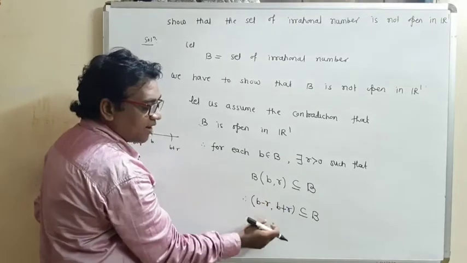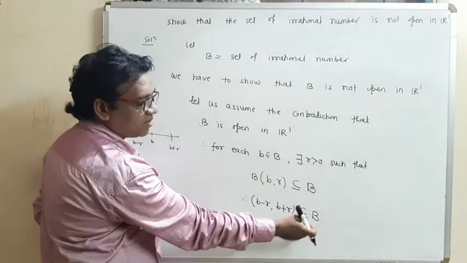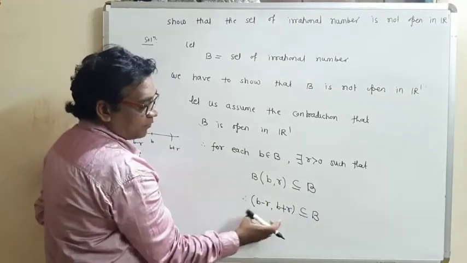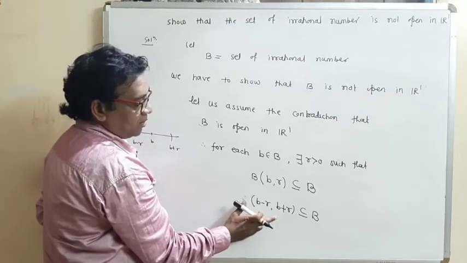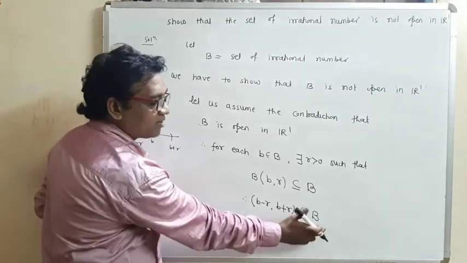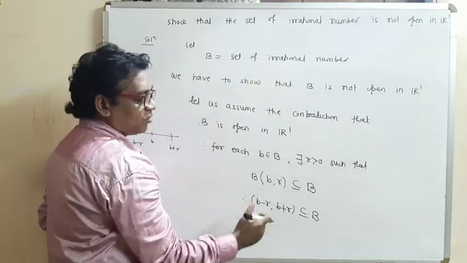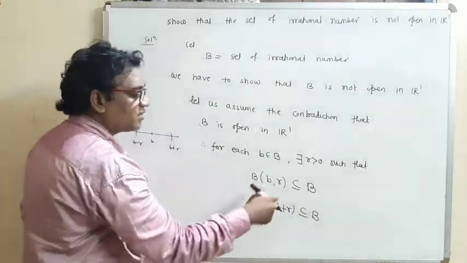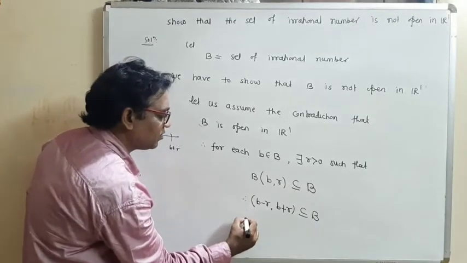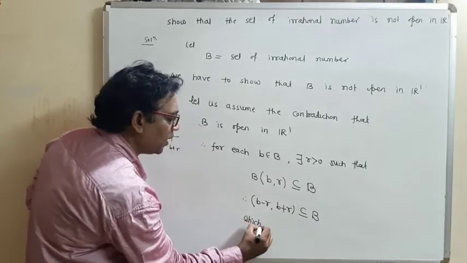So this left hand side contains the rational numbers, and what is this right hand side? It contains just irrational numbers. So this is never possible because this is not a subset of that particular set. So this is impossible.